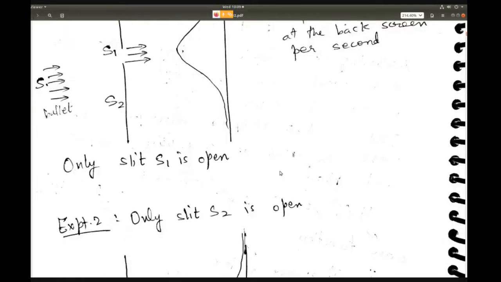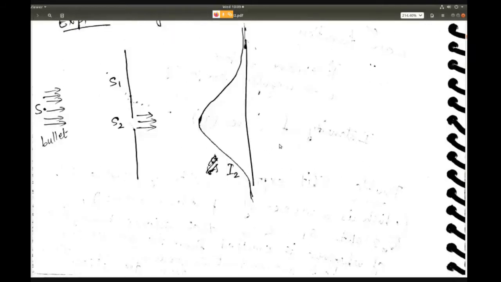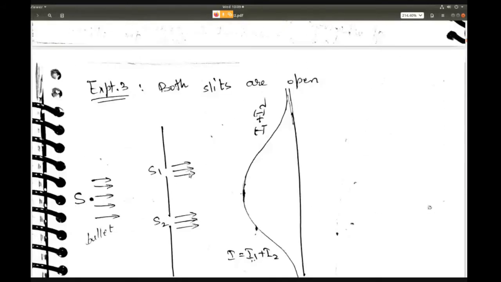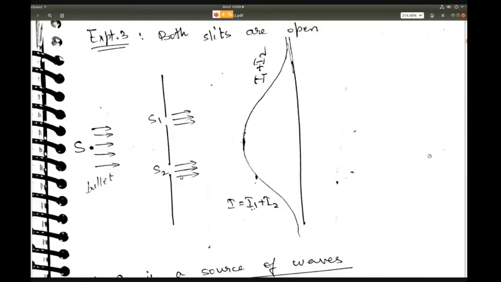Now we'll have a third variant, where both the slits are open. S1 is open, S2 is also open. So bullets can pass through both slits, either through slit 1 or through slit 2.